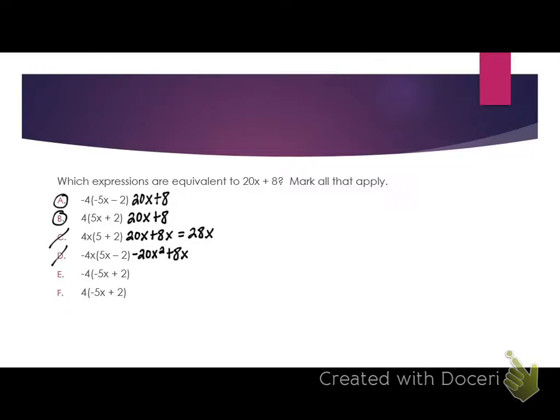In E, negative 4 times negative 5x is positive 20x, and negative 4 times positive 2 is negative 8. We were looking for 20x plus 8, not 20x minus 8. And in F, 4 times negative 5x is negative 20x, and 4 times 2 is positive 8. Again, we were looking for positive 20x plus 8, not negative 20x. So the only options here are A and B.